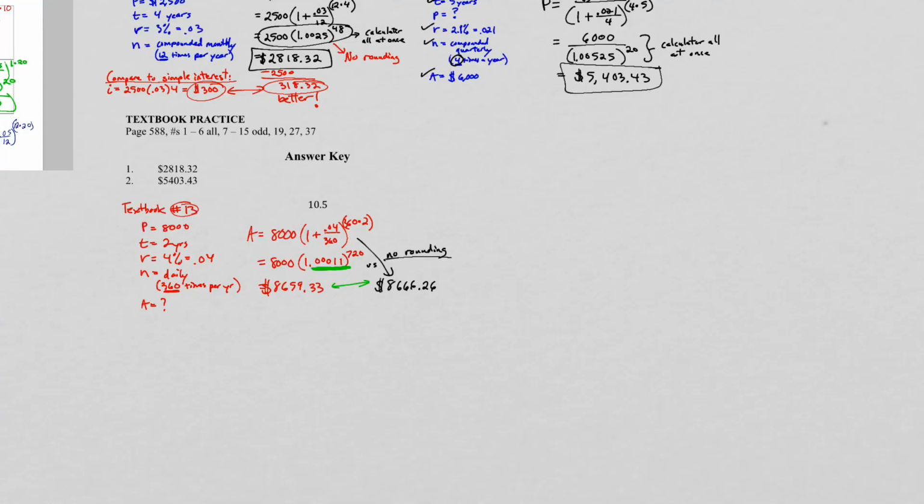Okay, I wanted to also take a look at 19. And 19 is about an inheritance. Marcus received an inheritance of $6,500.